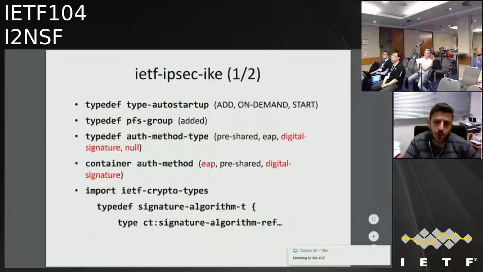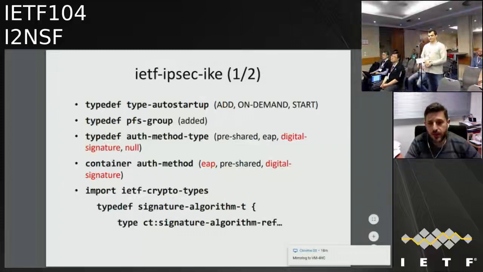So regarding the module related with the IKE case, we have redefined the concept of the auto start for the IKE implementation. We have included add, on demand, and start. We have needed to add the PFS group. We didn't have that at the beginning.